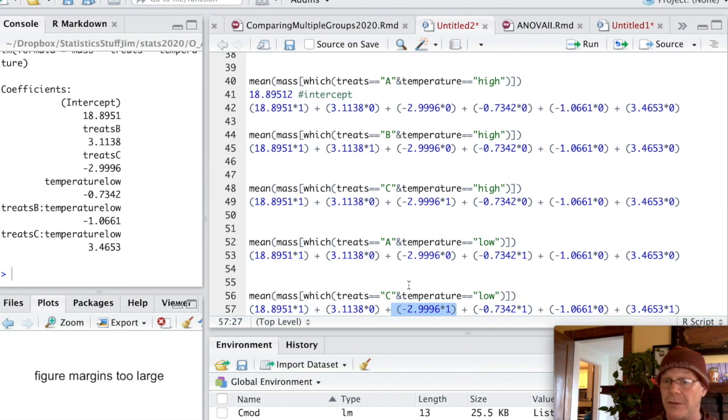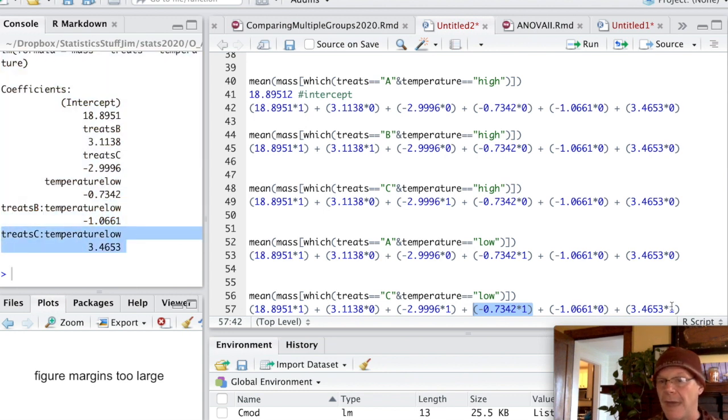But now we're dealing with a low temperature. So we have to go through here and think about these things here. Now we have temperature low. So yes, we are at a low temperature. So we'll turn that switch on, which is right here. And then finally, not only are we in temperature low, but we're not treatment A on temperature low, we're treatment C on temperature low.